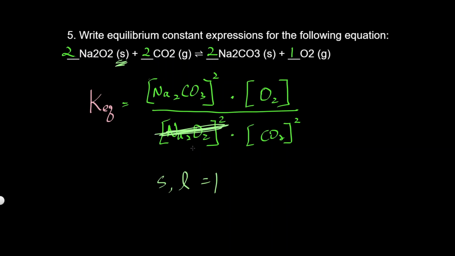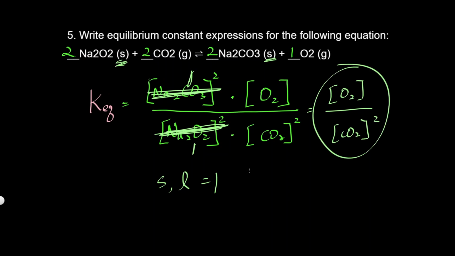Or you could just get rid of it because we're dividing and multiplying. Another solid right there, so this becomes 1. 1 to the second power is 1. So basically all you need to write is the concentration of oxygen on top over the concentration of carbon dioxide squared on the bottom. That's it.